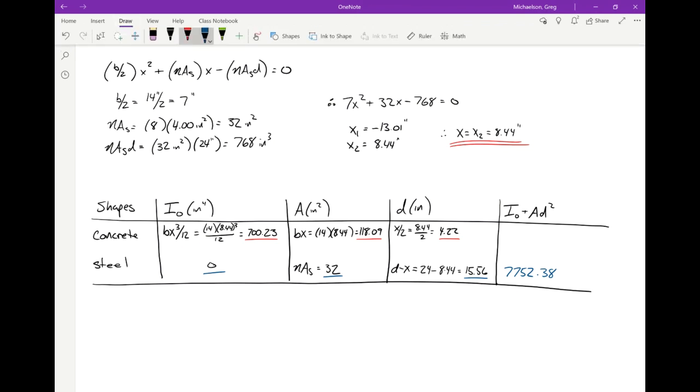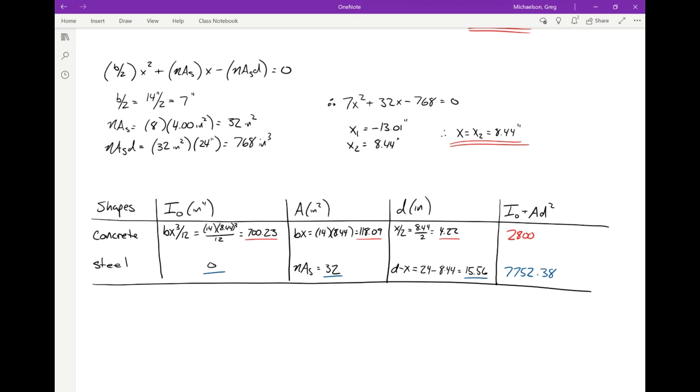And then for the concrete, it comes out to 2800.91. So that's in inches to the fourth. But then we sum that up. And so when you sum that up, you should get 10,553.29. That's in inches to the fourth.